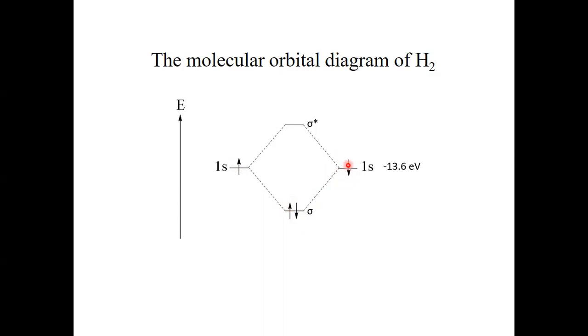This is a minor inaccuracy, but it's usually not being seen as a mistake, and I also won't blame you for that in an exam. I just do it here as accurately as possible. Okay, so now we have filled our molecular orbitals with all the electrons, and that means that we are basically finished with our molecular orbital diagram.